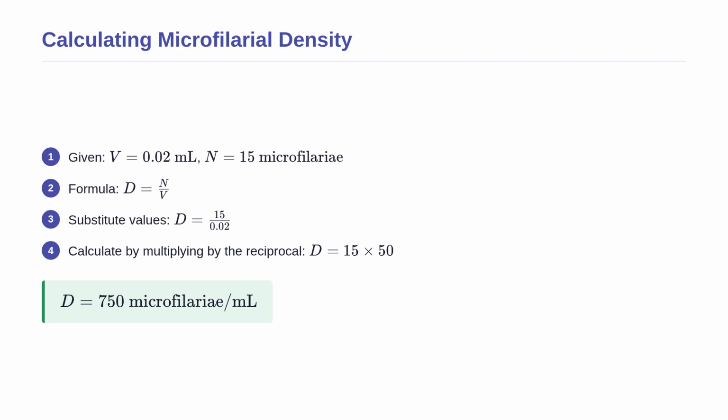We start with our formula, D = N / V. We substitute 15 for N and 0.02 for V. Dividing by a small decimal is mathematically the same as multiplying by its reciprocal, so we multiply 15 by 50. This gives us a final density of 750 microfilaria per milliliter. This high number confirms an active, severe infection requiring immediate treatment.